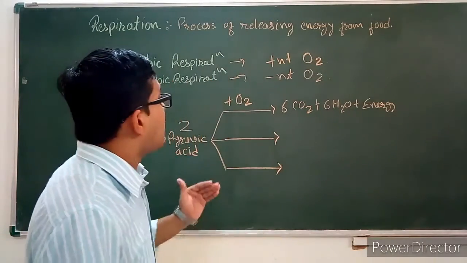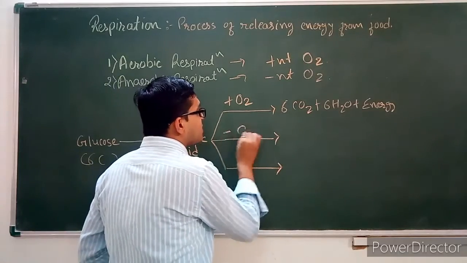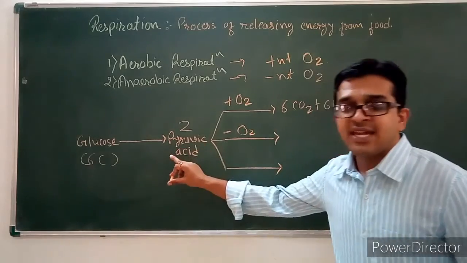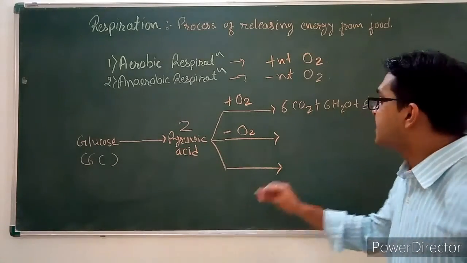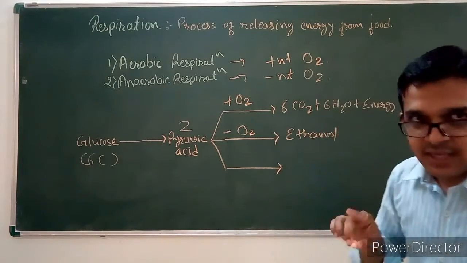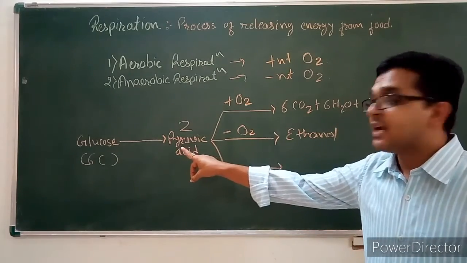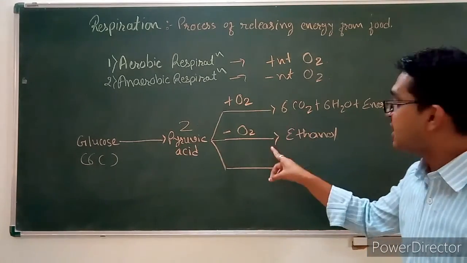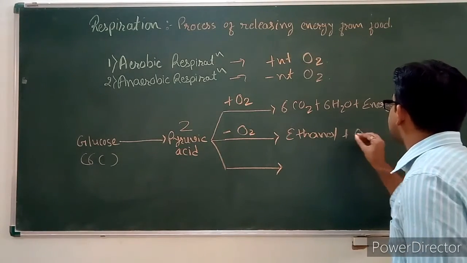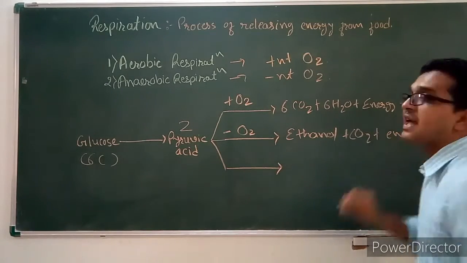But if oxygen is absent, then the pyruvic acid is converted into ethanol, and it also releases CO2 molecules and some amount of energy.